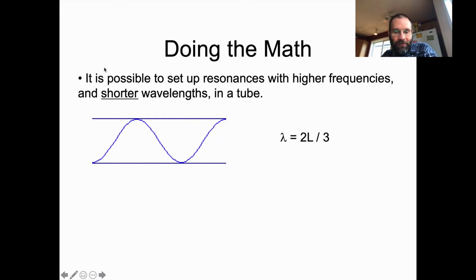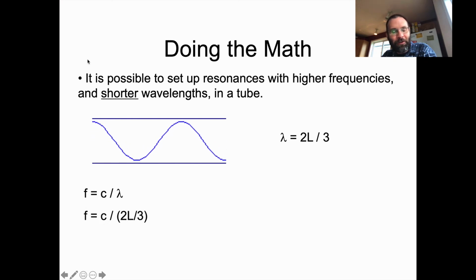If you do it this way, this probably won't be too much of a surprise when we get to the answer. Again, we're going to start out with this equation. We're going to substitute this quantity for lambda. So 2L over 3 gets substituted for lambda. If you do a little bit of math for that, it turns out that F equals 3C over 2L.